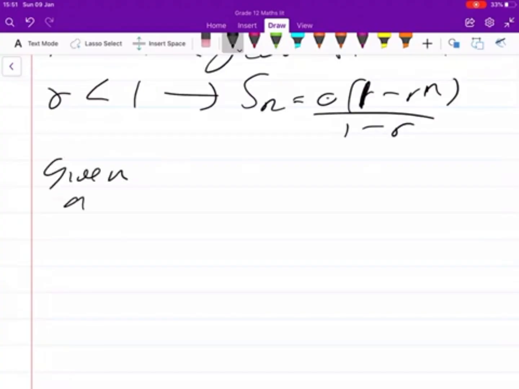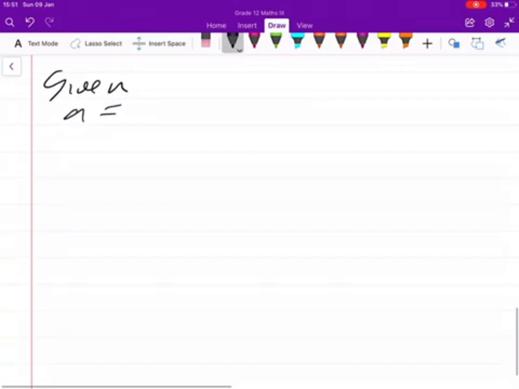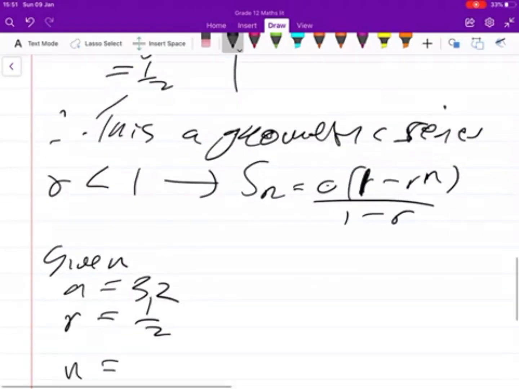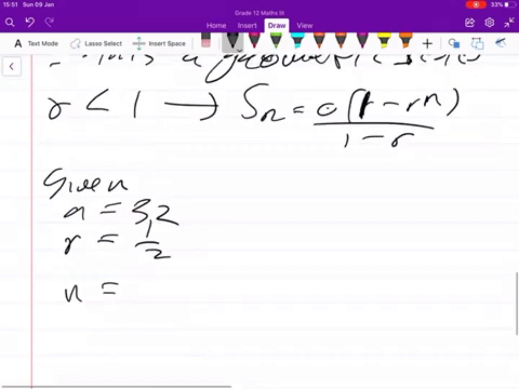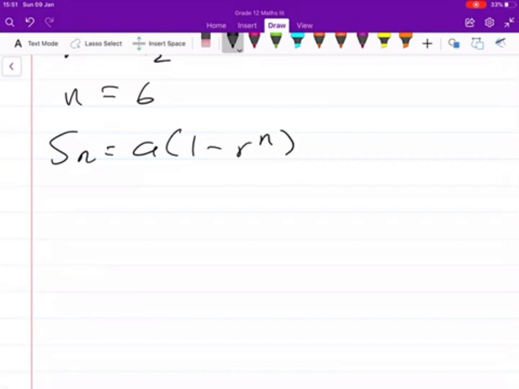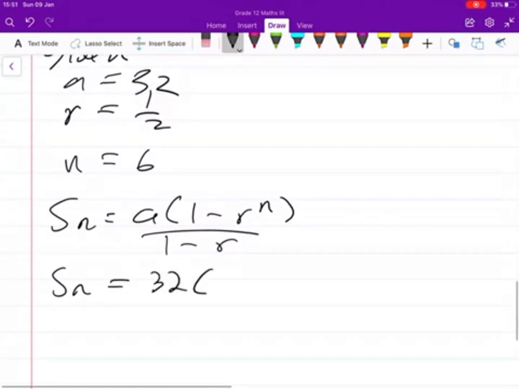So let us state what we are given. Well, we are given that the value of a is 32. We are given that the value of r is 1 over 2. And we are told that the number of terms, I believe, is 6 terms. So we can then apply the formula Sn equals a(1 minus Rn) over 1 minus r. The value of a here is 32.